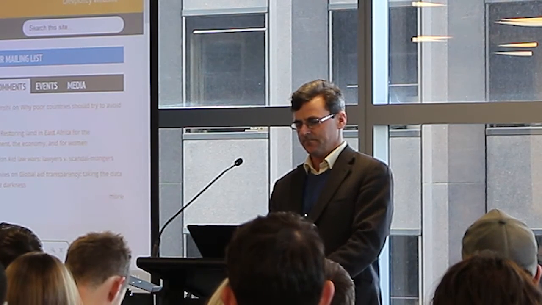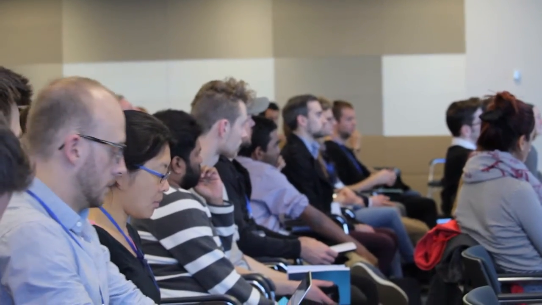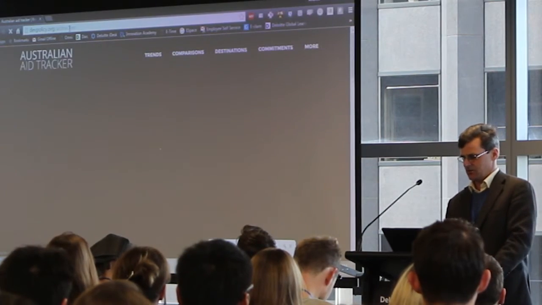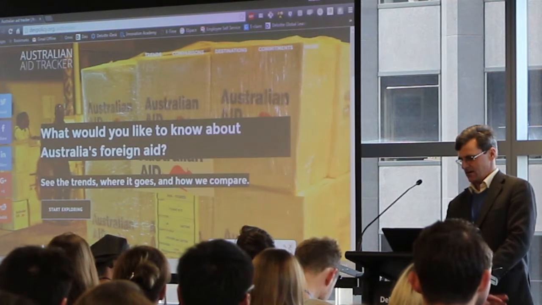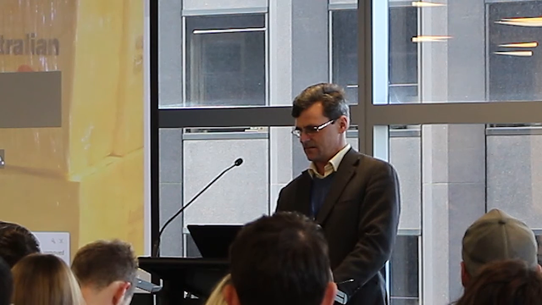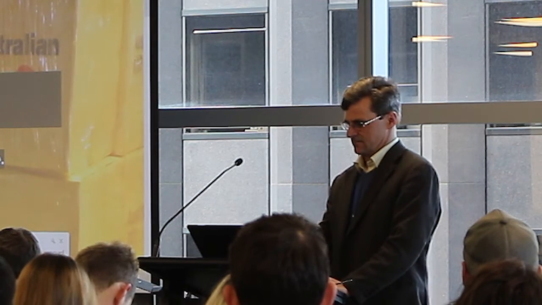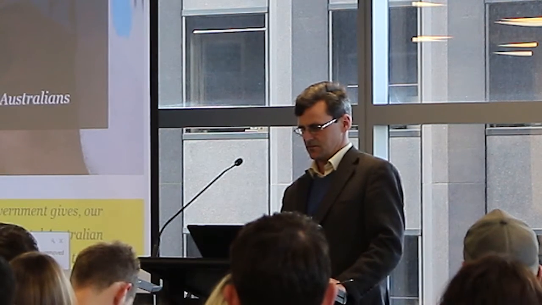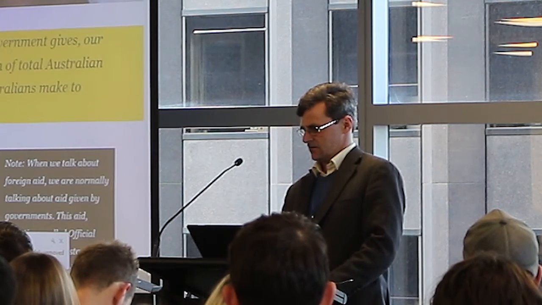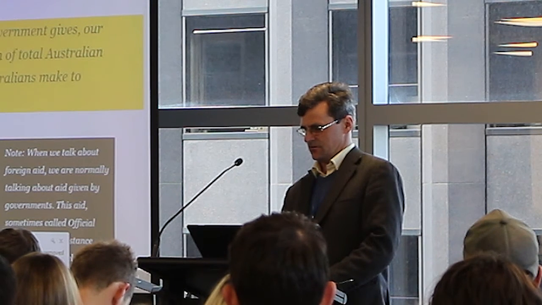At the Development Policy Centre, we have created this aid tracker as a user-friendly way to convey basic information about Australian aid. It's mainly about the size of the aid program, but we do have some information about its effectiveness. So rather than reinvent the wheel, I'm going to use this to show you what the trends have been in terms of Australian aid.